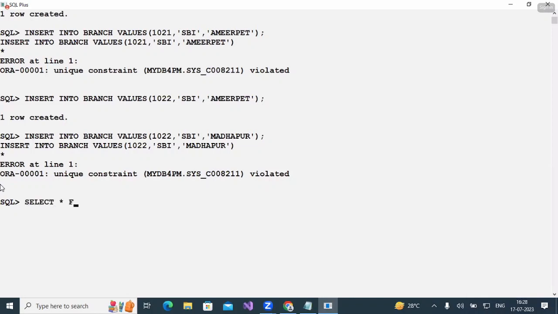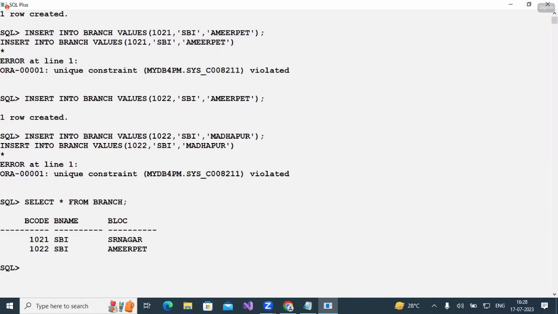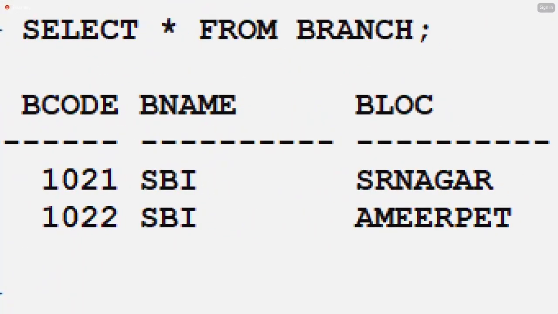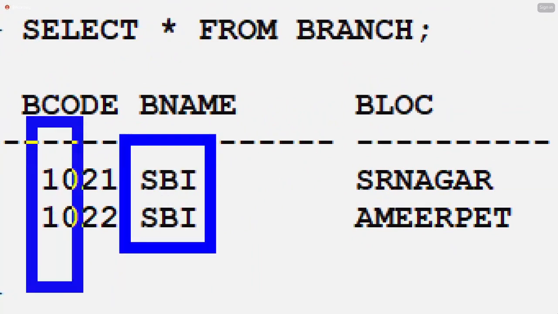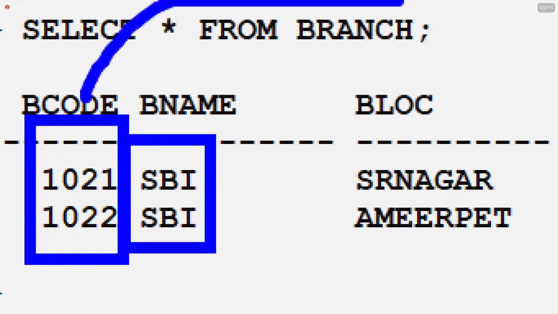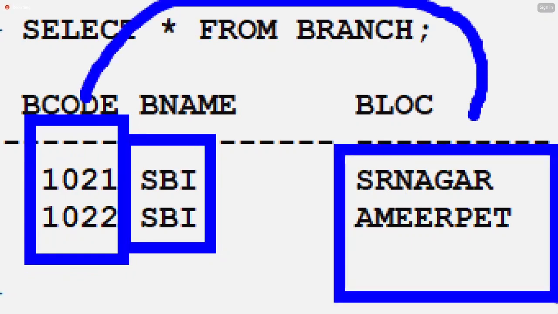And finally, if you come back and see your table, called Branch, we can see the organization is the same, but different branch codes for different branches. Okay? So now write down below.